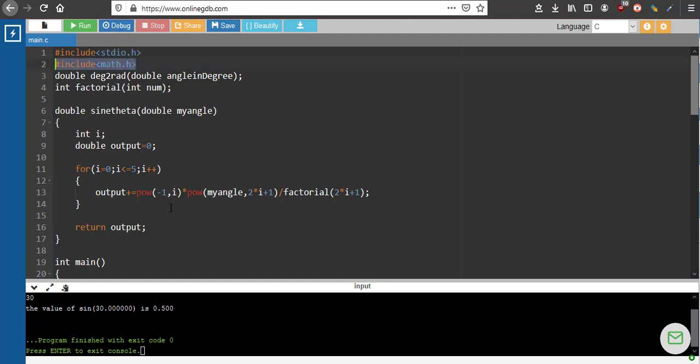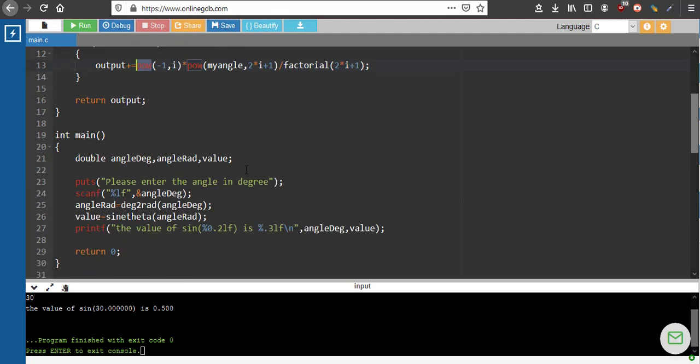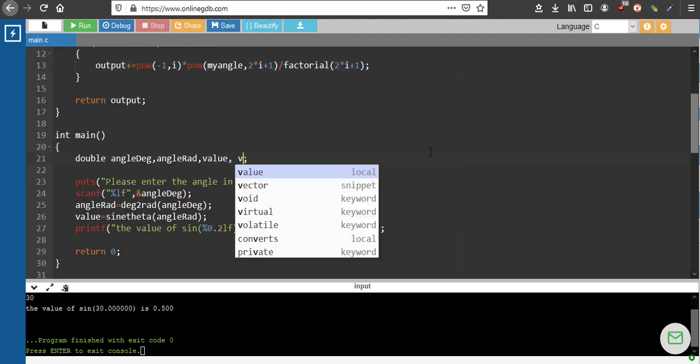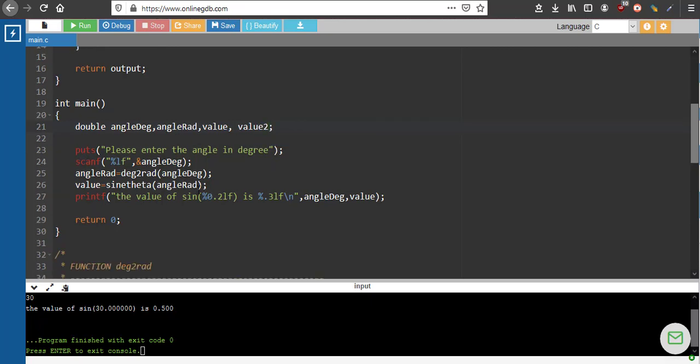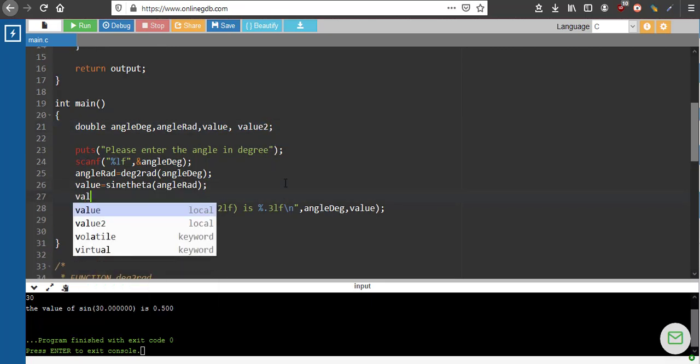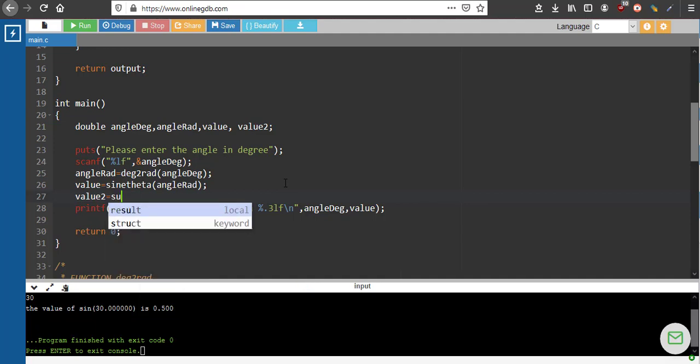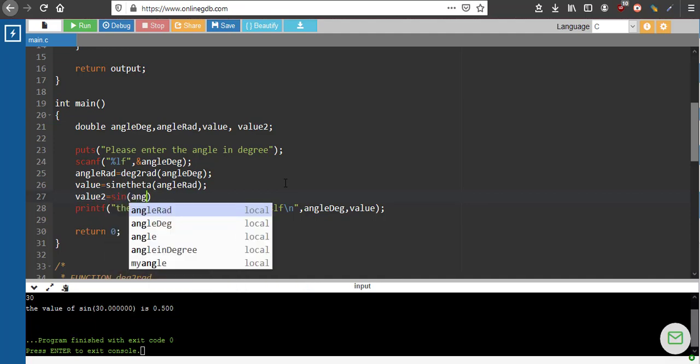Now actually inside math.h we have this power function. We also have a sine function inbuilt. Okay, so we will try that also. So new variable value2. The value of value2 will be sine of angle in radians. So always you have to supply angle in radians.